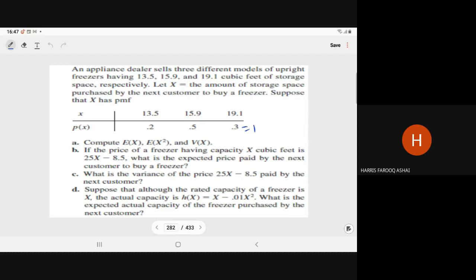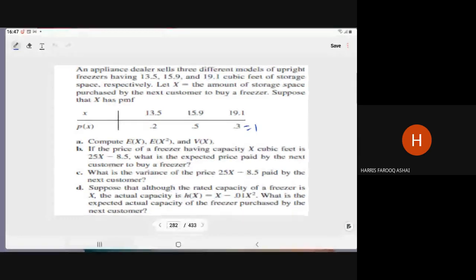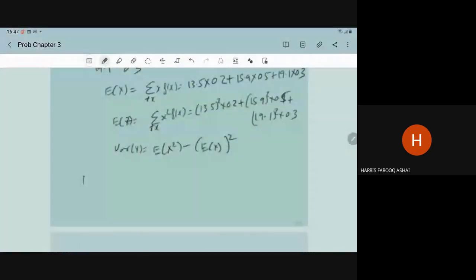Then, if the price of a freezer having capacity x cubic feet is 25x minus 8.5, what is the expected price? So actually we have to compute E of h(x), where h(x) means a function of x, that is E of 25x minus 8.5.